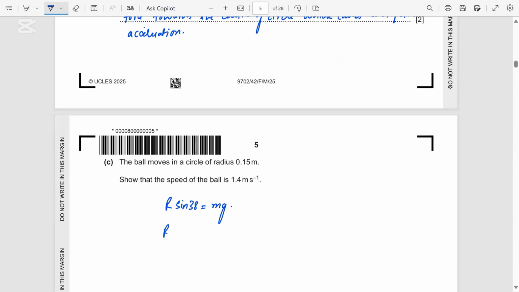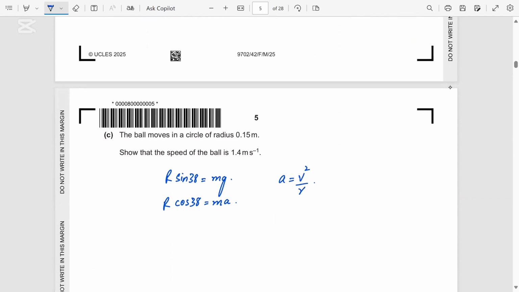And you've seen that R sine 38 is equal to the centripetal force, which is the resultant force, so it's ma. And we also know that a is equal to v squared over r, right?